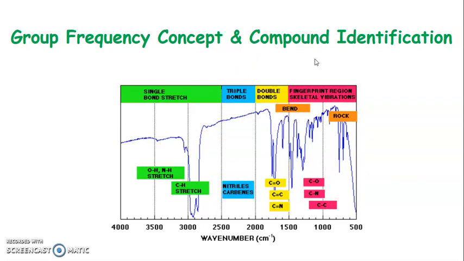So, if we have an unknown compound whose functional groups we wish to identify, we can examine its IR spectrum and use this data to deduce which are the functional groups present.